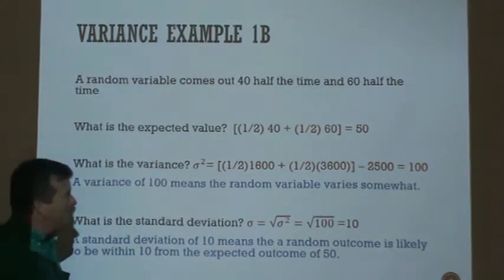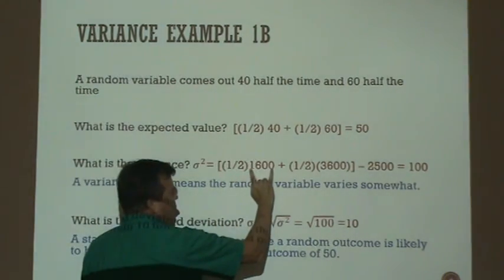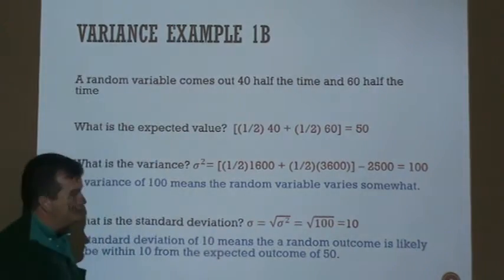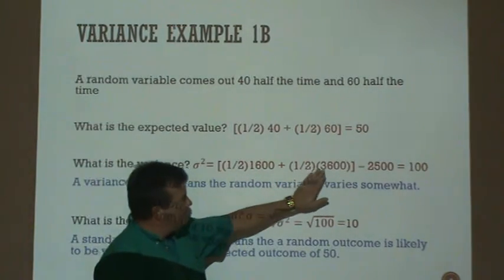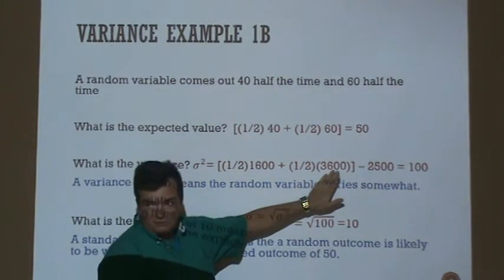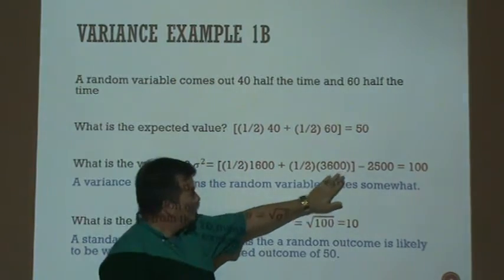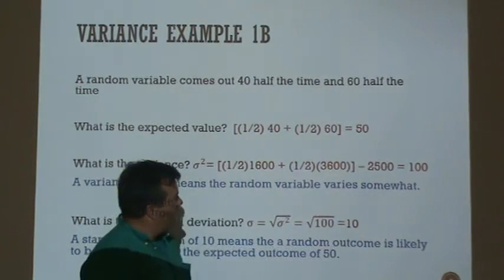Half the time it would be 40 squared, which is 1,600, and half the time it would be 60 squared, which is 3,600. So we would take an average of that.